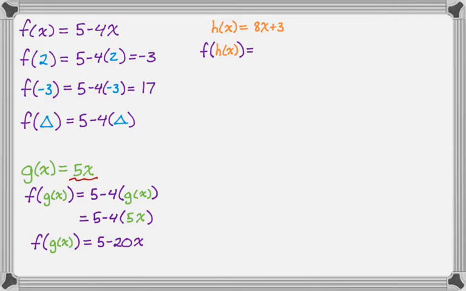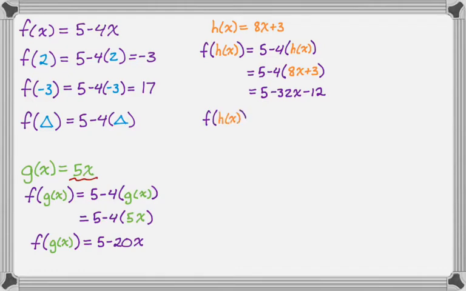That means we're going to do 5 minus 4 times the quantity h of x, and now we substitute what h of x is: 8x plus 3. And distribute, so I multiply negative 4 times 8x to get negative 32x, negative 4 times 3 to get negative 12, and then collect like terms. So I get negative 32x and then minus 7.